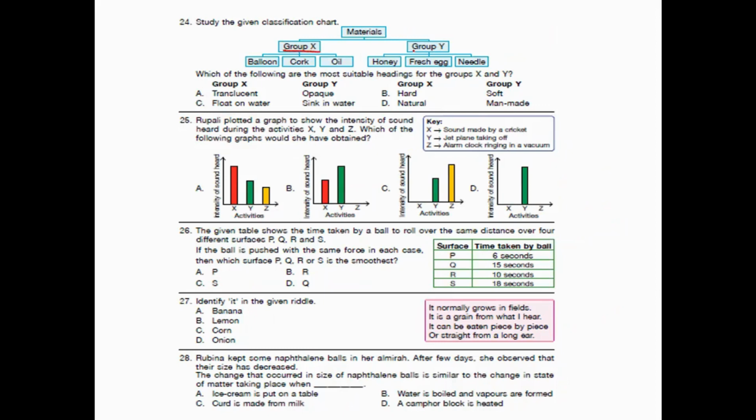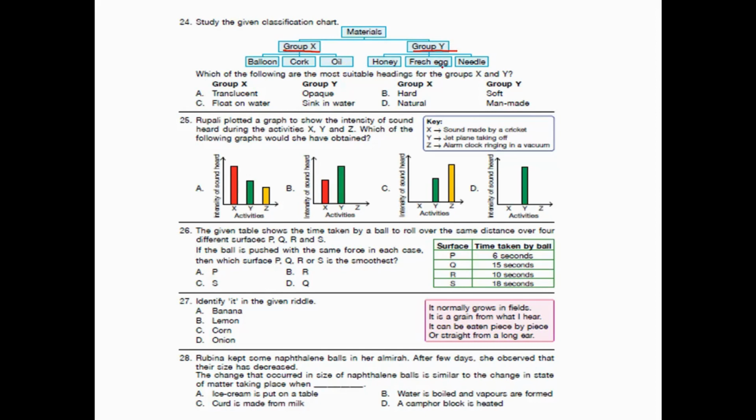So let's see. Group X and group Y are the materials, and group X consists of balloon, cork and oil. All of these have less density than water. And group Y, we have honey, fresh egg and needle. All these are denser.